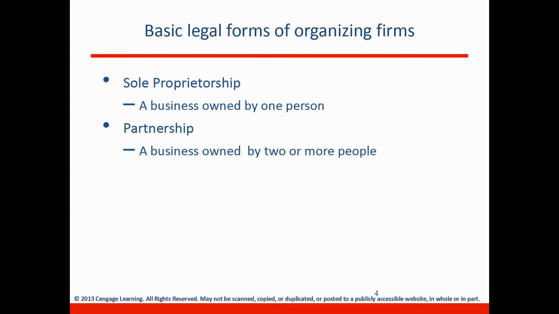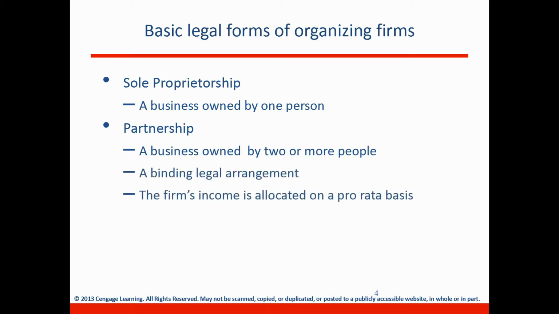One could be a financial partner who contributes the capital, contributes the money. Another could be the general manager or general partner who contributes the managerial skill or the talent for the business. Between the partners, they have to sign a binding legal arrangement. And the firm's income is allocated on a pro rata basis.